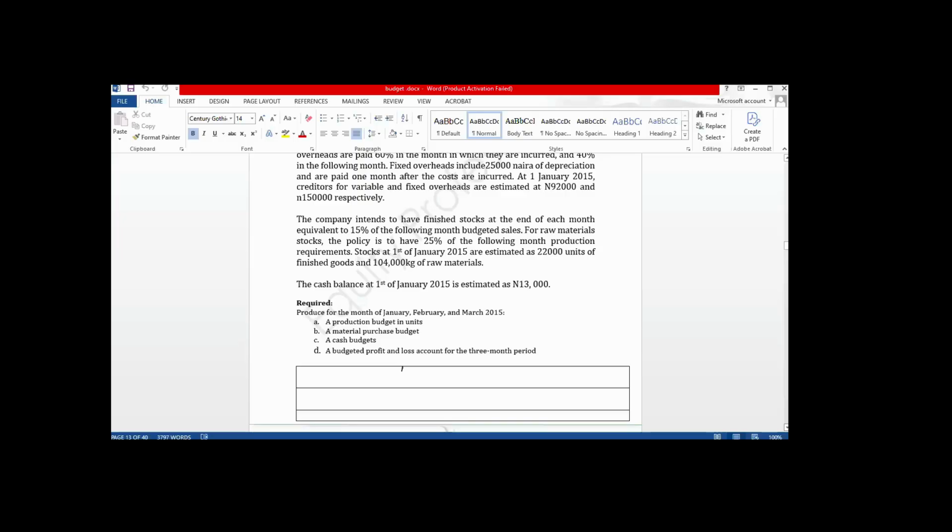Finished goods at the end of each month will be equal to 15% of the following month's budgeted sales. For raw material stocks, the policy is to have 25% of the following month's production requirements.